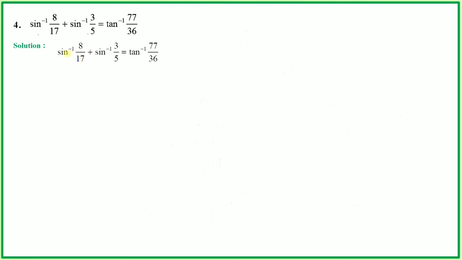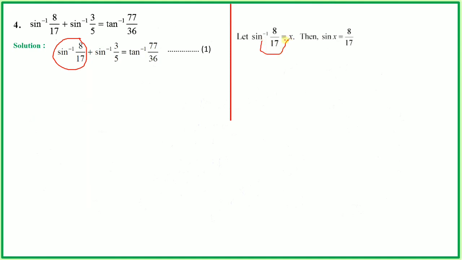Sine inverse 8 upon 17 plus sine inverse 3 upon 5 is equal to tan inverse 77 upon 36. This is our question, equation number 1. Now, as I told you, sine inverse 8 upon 17, let us suppose it equals x. Then sine x is equal to 8 upon 17, which is perpendicular upon hypotenuse.